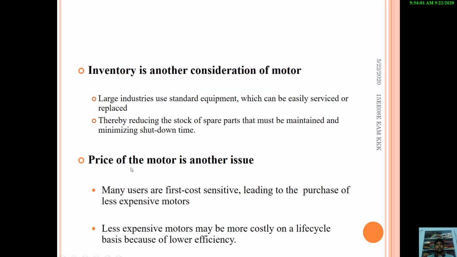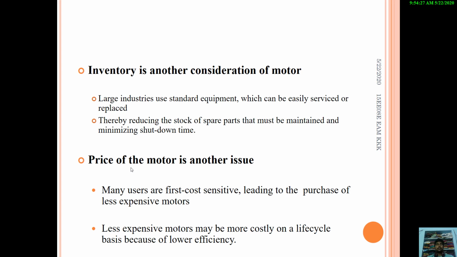Next, inventory is another consideration for motors. Large industries use standard equipment which can be easily serviced or replaced, thereby reducing the stock of spare parts that must be maintained and minimizing shutdown time. That is, we have to purchase a motor with standard equipment or standard levels, so it can be easily serviced.